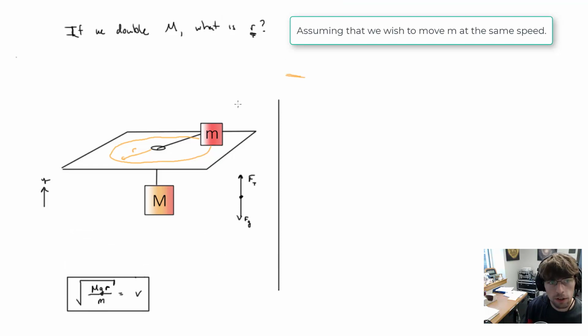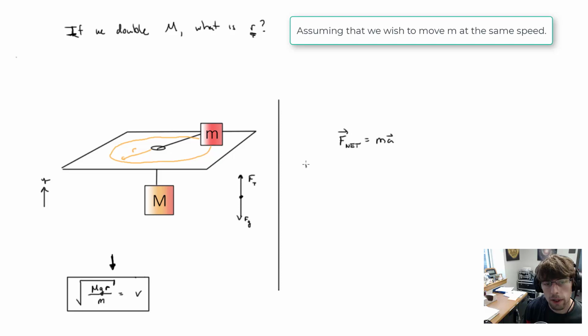Okay. Well, let's go at it. I'll call this r old. I'll call this distance the old distance, and then we have a new one. So let's go ahead and set everything up. We have F net is equal to ma.